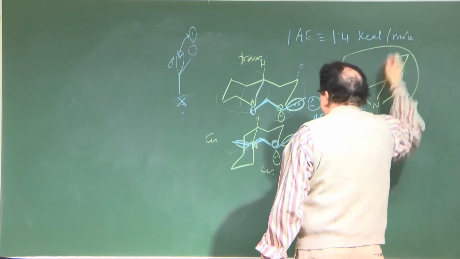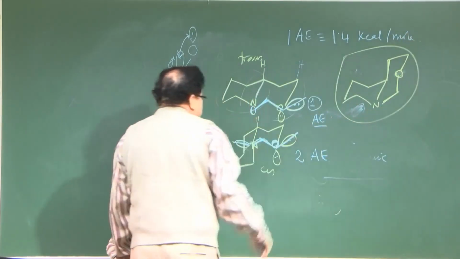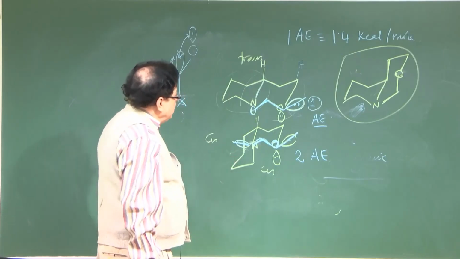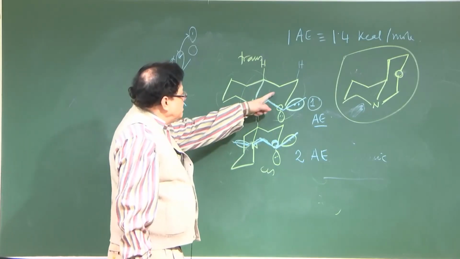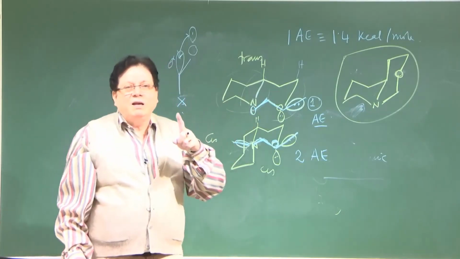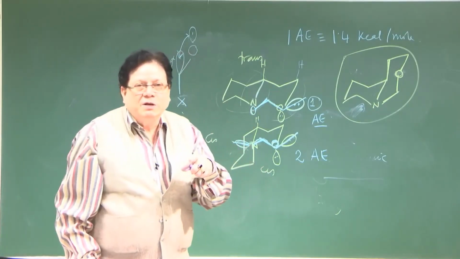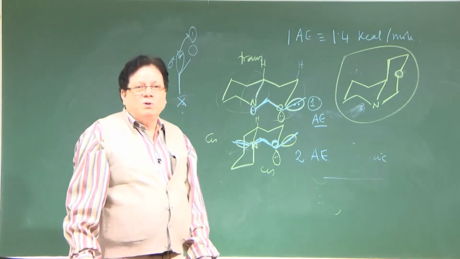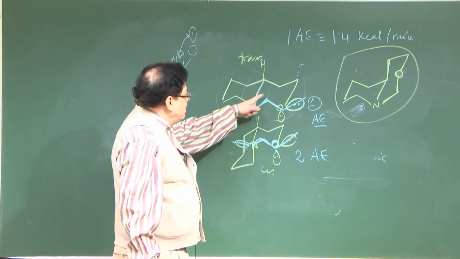Okay. So, if I ask you what is the energy difference between the two, first of all see the destabilizing forces. Because this is a trans ring junction, this does not have any gauche type systems. We know trans decalin does not induce any extra gauche butane unit. Similarly, there is no extra gauche unit here.